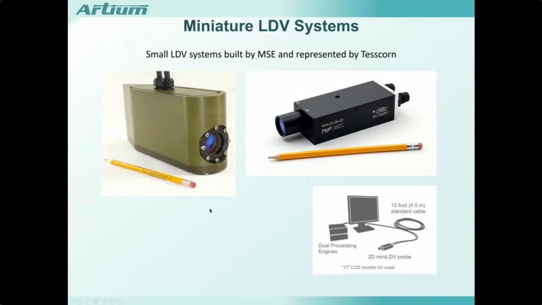So this system was designed for water flow measurements. It's immersed in a water tank, so you can make measurements around various hydrodynamic bodies. This system, I believe, is a 2D transceiver type system, very small, very short working distance, but for certain flow fields, it's ideal.